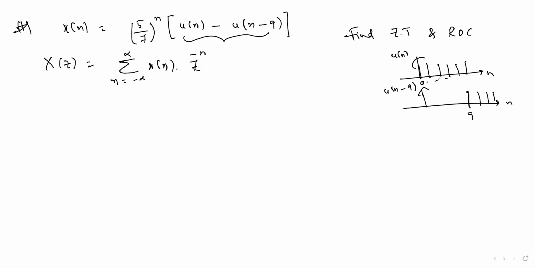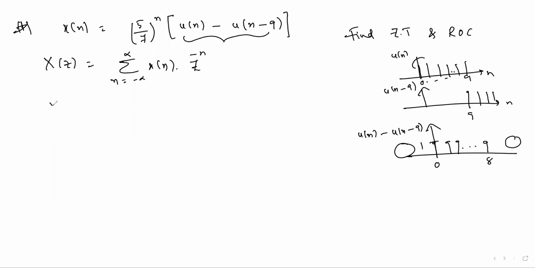Subtracting, the signal from 0 onwards to 8 will be equal to 1. Remaining all 0.